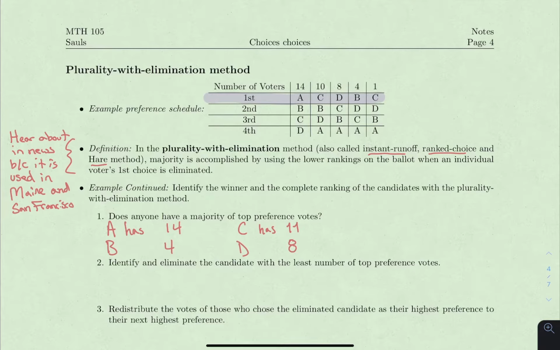So A's in the lead, followed by C, then D, then B, but none are a majority, because with 37 total voters, a majority means at least 19 votes.